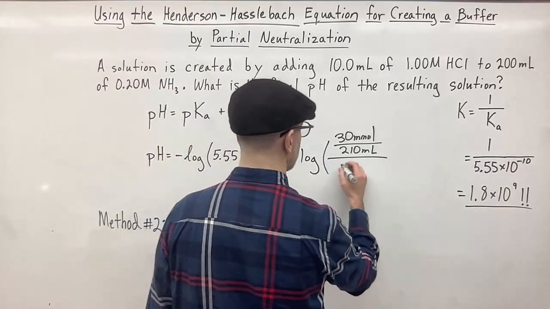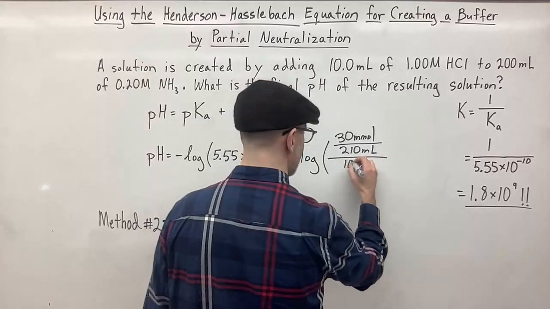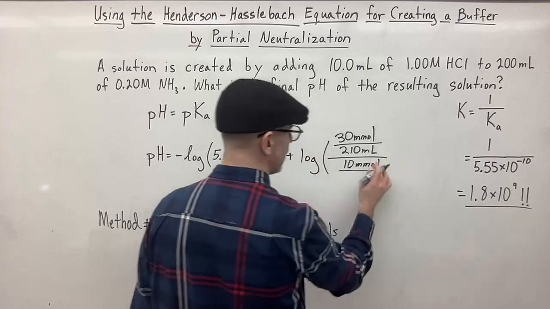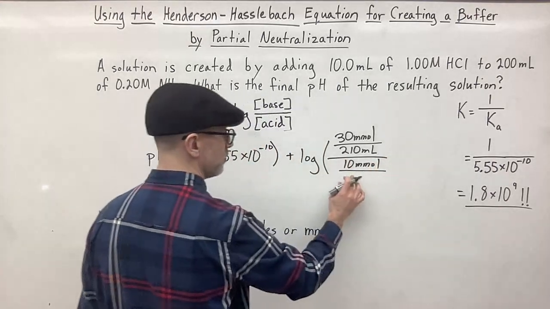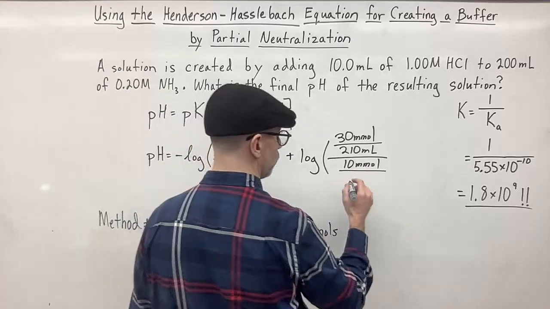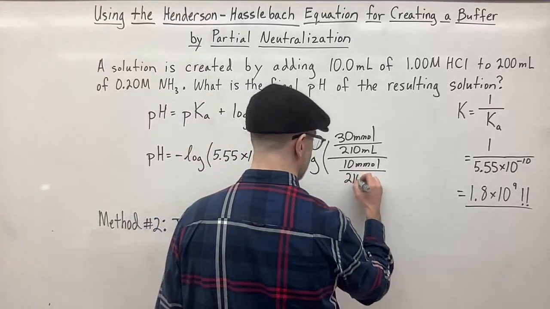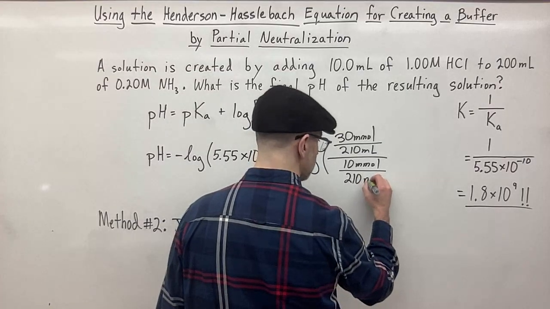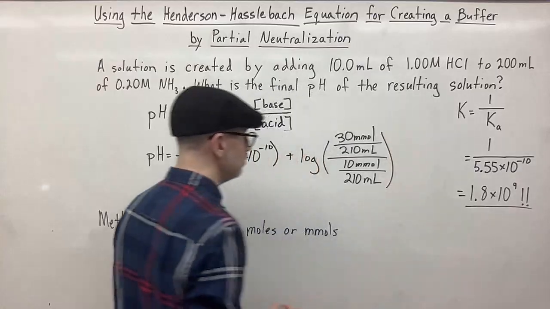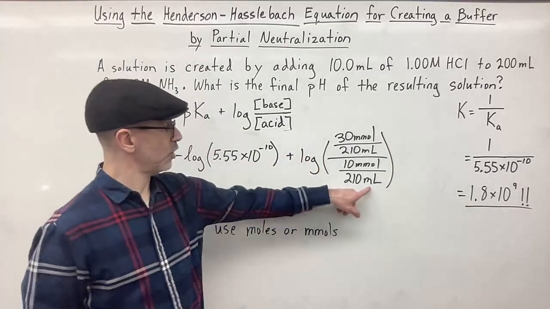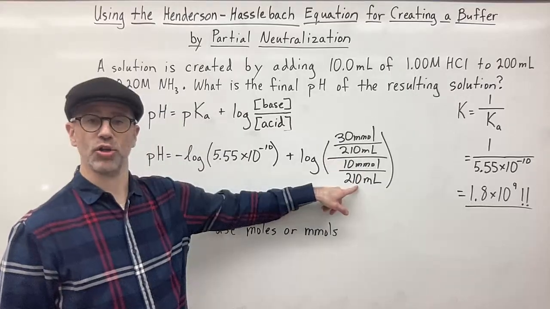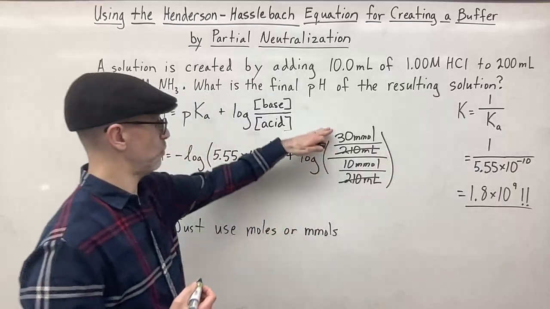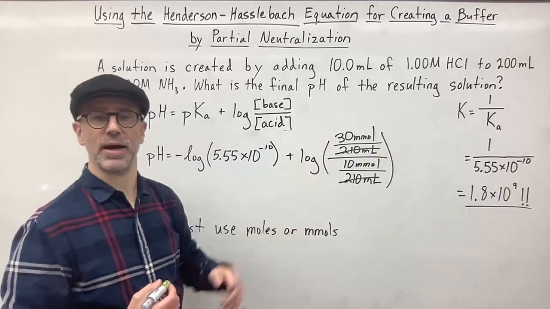And to get the concentration of the acid, we took the 10 millimoles of the acid, divided that by, again, the total volume of the solution, and you'll notice that the total volume cancels out anyway, and you end up having 30 millimoles divided by 10 millimoles.